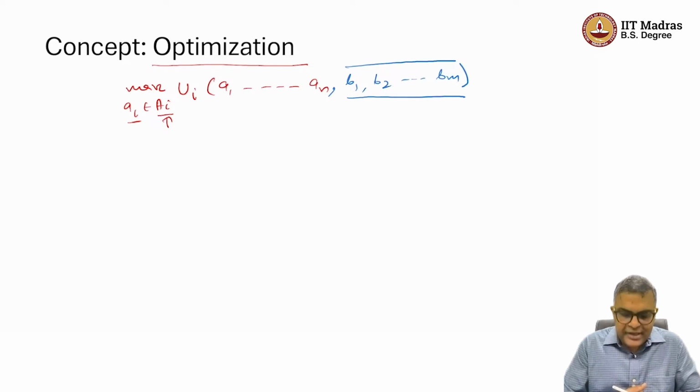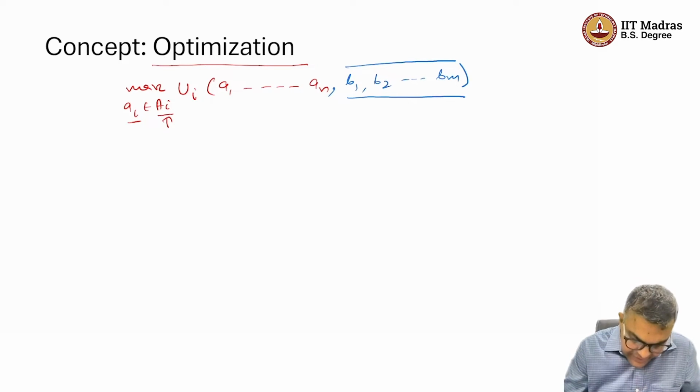The issue there is that when player i is deciding what to do, player i can vary his action, choosing one that is available to him or her, but has no control over what others are doing.